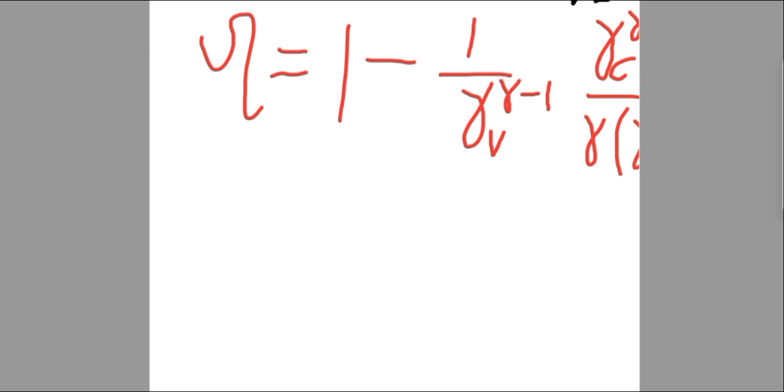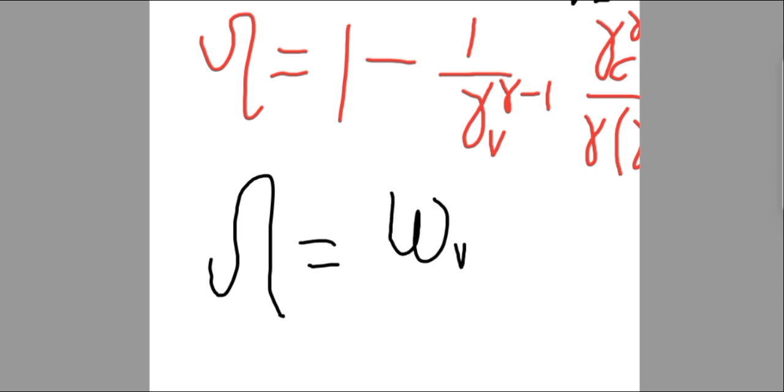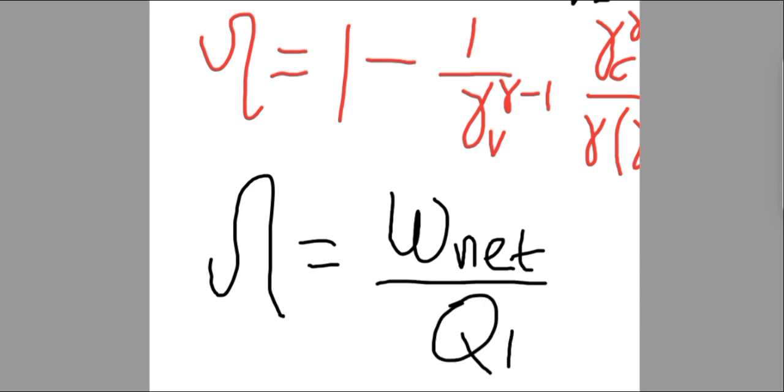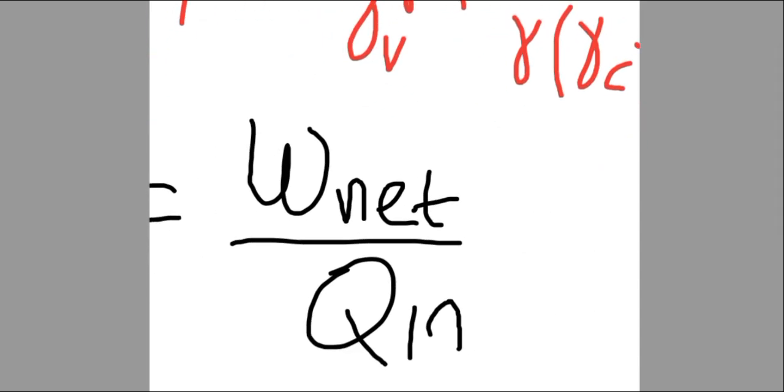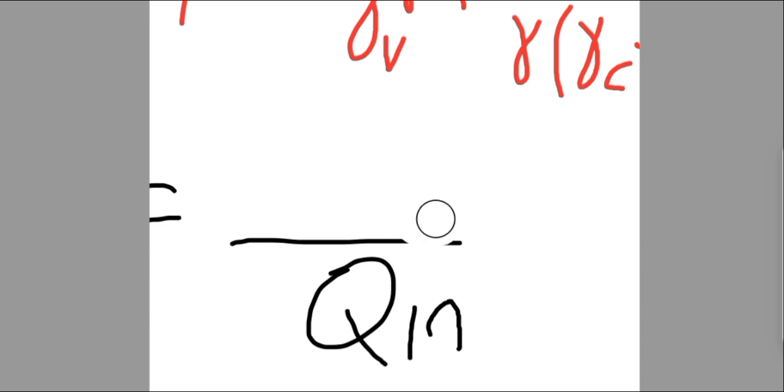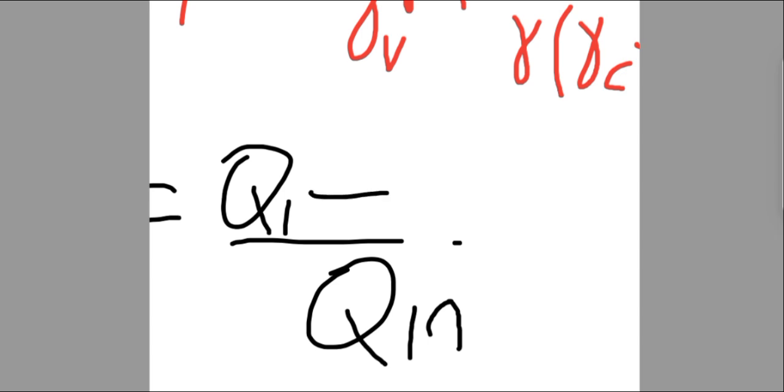So now deriving it for the diesel cycle, we know normally that our efficiency is equals to W net over our Q in, and this is the normal formula, and we know that our W net is equals to Q in minus Q out. So we have Q in, which is our Q1, minus Q out.